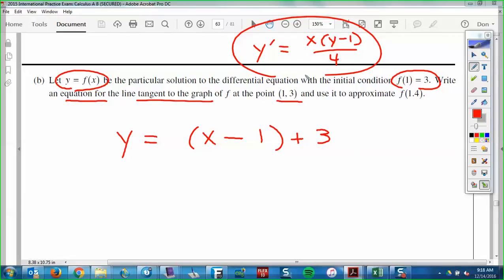It's almost embarrassing to be on the AP test how easy it is, right? Equation of tangent line. We need a point and a slope. They gave us a point, and now all we have to do is put a 1 in. I think we already did this. And a 3. This was 2. 2 times 1, 2 fourths. That's 1 half.